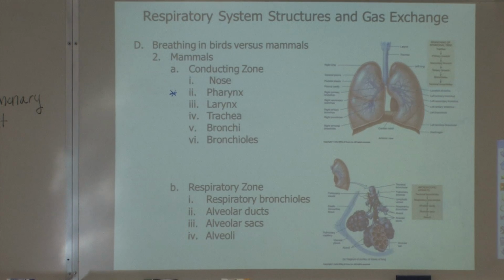And we're going to see that the structure of the pharynx varies a little bit because it's a common passageway for air and food and liquid. And so when we talk about some of the structural features of the larynx, there's going to be some modifications there to account for it serving a dual role as a passageway for air and for food and water. Are we good with these structures?